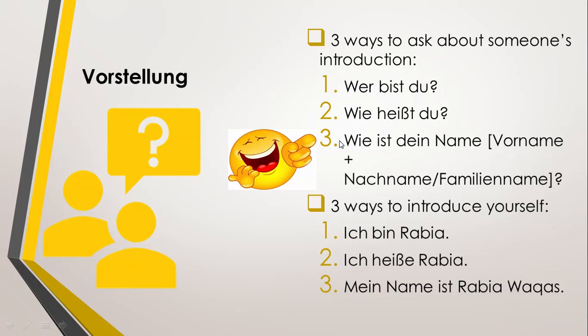How are you called? To which I will answer Ich heiße Rabia. And the last way of asking, which is quite funny, but thankfully also least used in German conversation, is the question Wie ist dein Name?